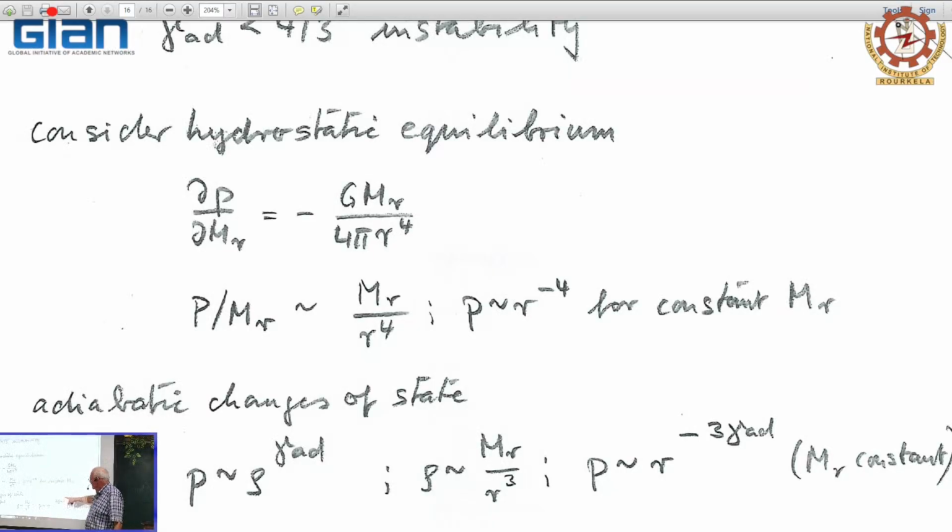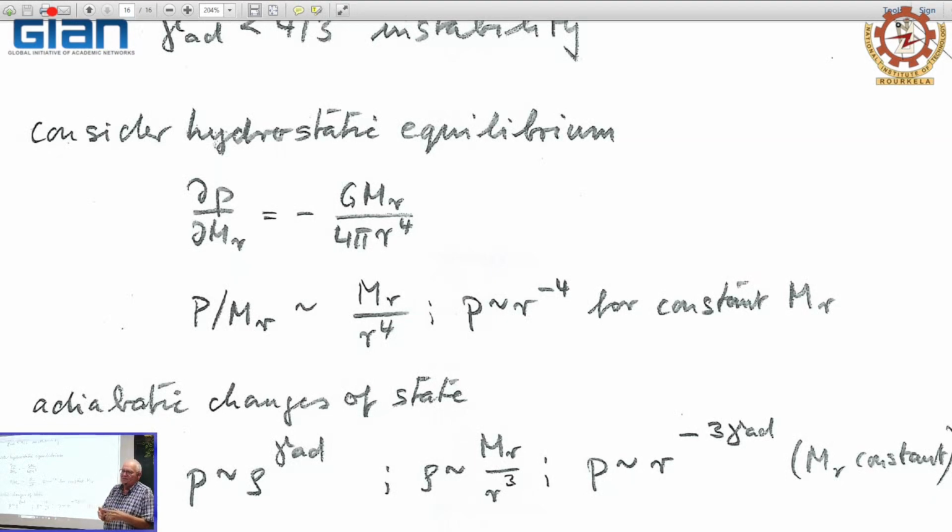So the condition that it rises faster with compression, faster than r to the minus 4, would mean that 3 gamma adiabatic has to be bigger than 4. And this means for stability, 3 times gamma adiabatic has to be bigger than 4, or gamma adiabatic has to be bigger than 4/3.